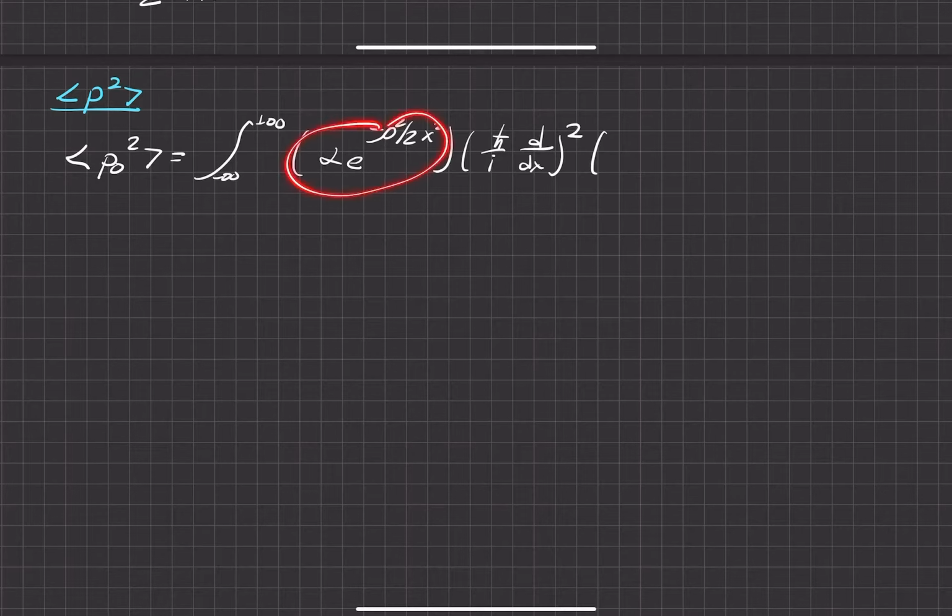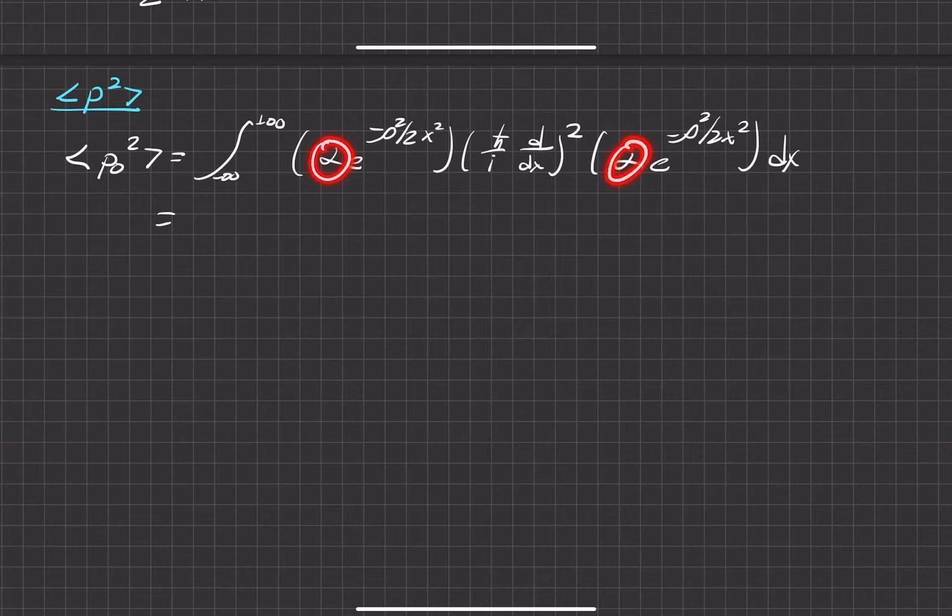And then this will be in here because there are no complex terms inside the ground state of the simple harmonic oscillator, dx. And again, I'm going to forego the limits, not the integral sign, just the limits. We can pull out some of these constants here. So we'll pull out the 1 over i squared, which will just be the negative sign here.